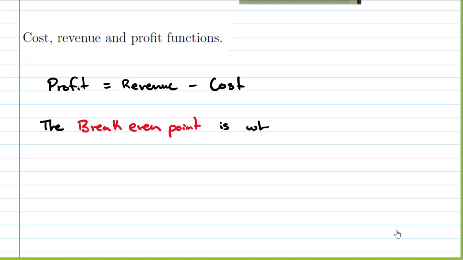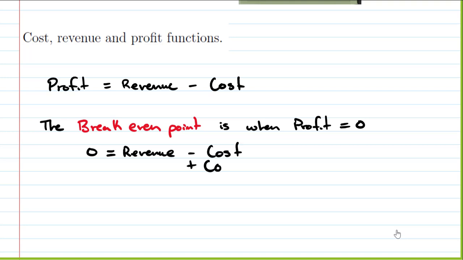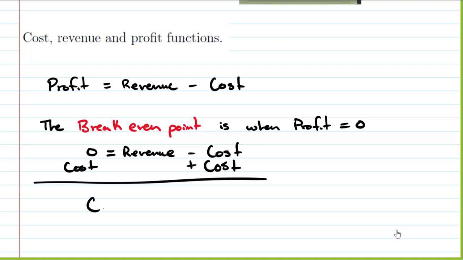is when profit is equal to 0. So in other words, it would be the equation 0 equals revenue minus cost. And if we add cost to both sides, we would get that our break-even point occurs, as your intuition would tell you, when your cost is equal to your revenue.